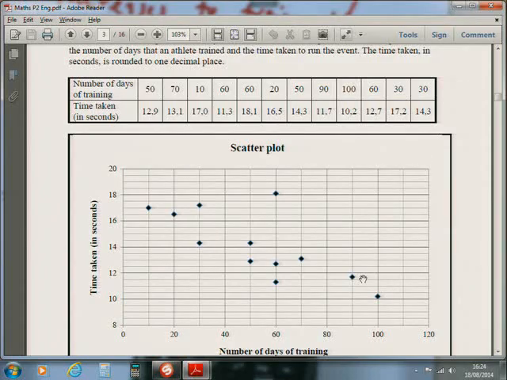Now I'm on the y column, 12.9. I'm sure you are doing that with me. 13.1. No. Let me start again. I made a mistake here.